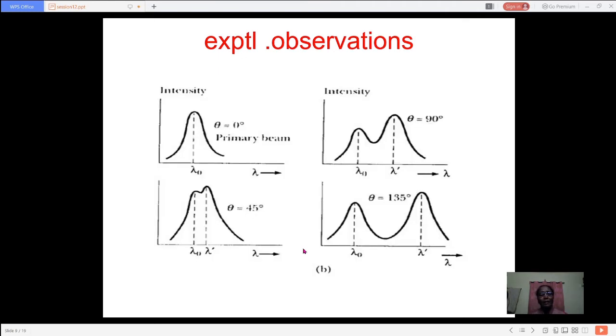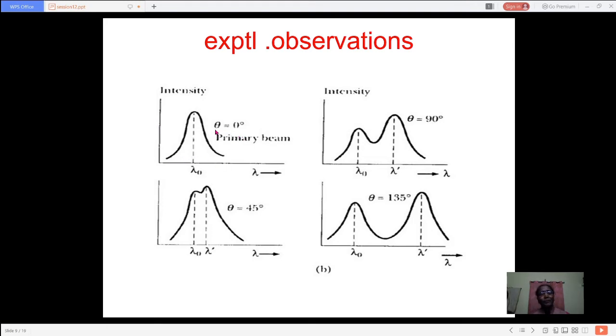Now, I have put a few pictures over here. So, in these plots, the wavelength of the incident radiation and the wavelength of the recorded radiation after scattering is given, and their intensities along the y-axis.